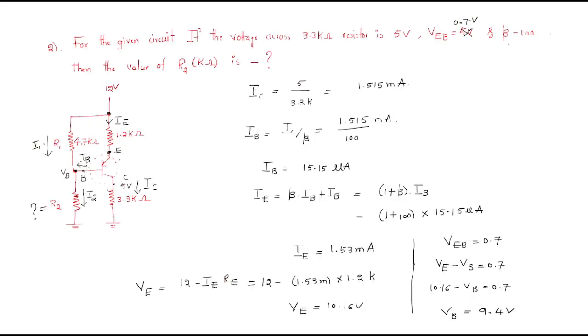So we have two currents, and we know the VB value also. We need to find out this I2 current. But before that, we will find out the I1 current first. So the I1 current I can write like this.